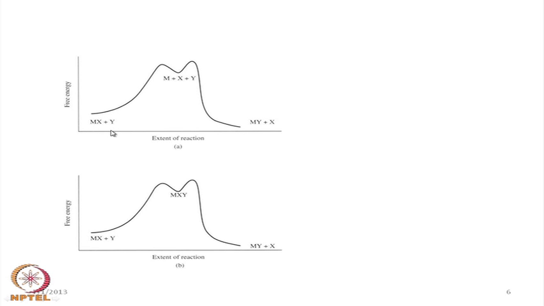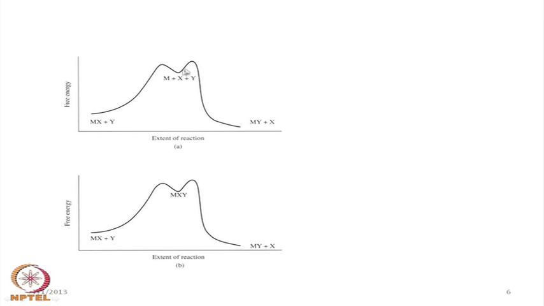So, we see the corresponding energy profile, how we consider the free energy change for these reactions. Here L5 has not been mentioned, this is ML5X, Y, then ML5 plus X plus Y as the intermediate, where it is a dissociative pathway, that means ML5 is forming and ML5 will have some stability at this particular point.